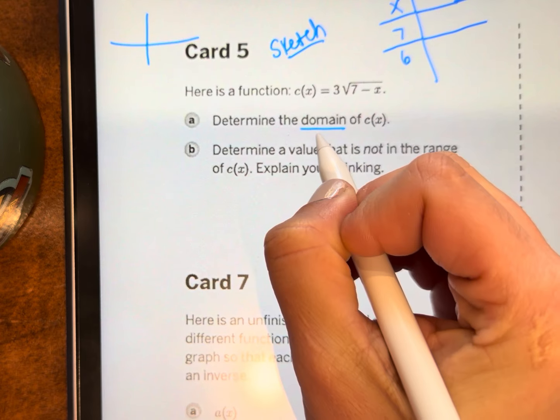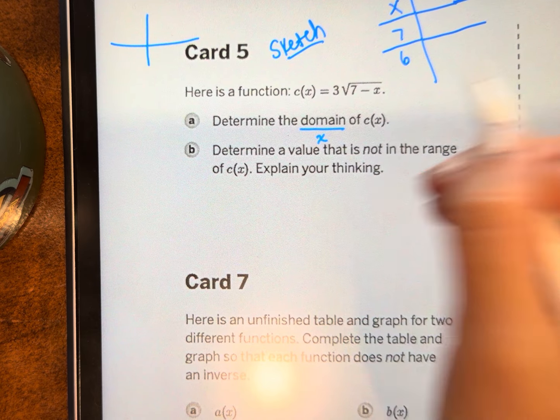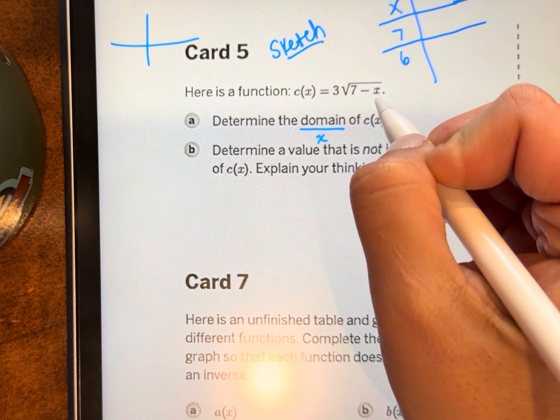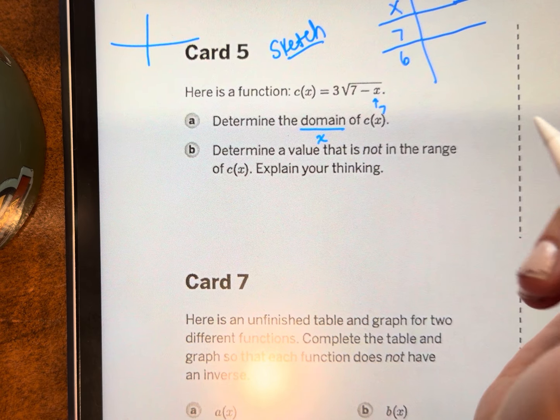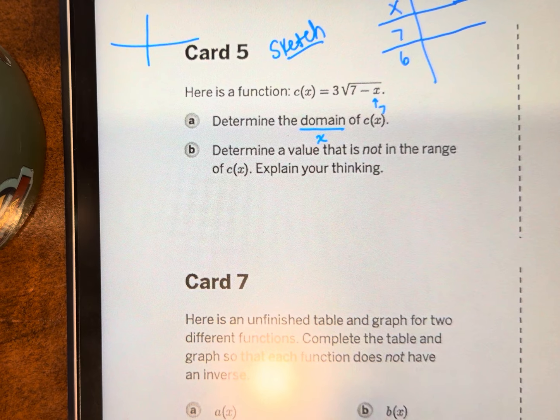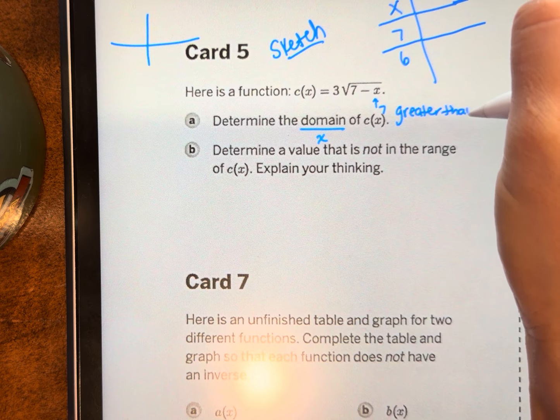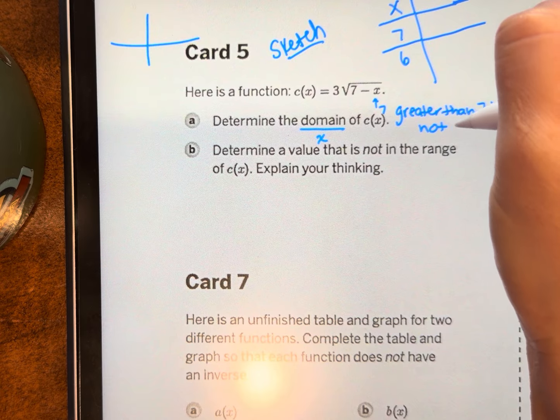So domain, you guys, is the set of all x's. For this particular function, I can tell that the starting point, or one of the boundary lines, I should call it, is 7. Because I can plug in 7 for x, and I would get 7 minus 7 is 0, and the square root of 0 is 0. That's fine. However, if I go any bigger than 7, it's not fine. Greater than 7 is not okay.